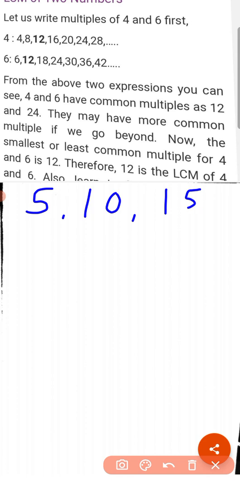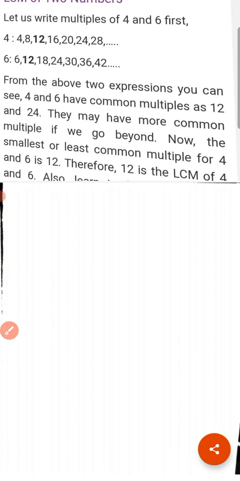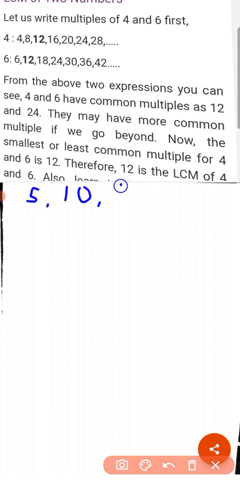Write the first few multiples of 5. The numbers are 5, 10, 50. First find a few multiples of 5.